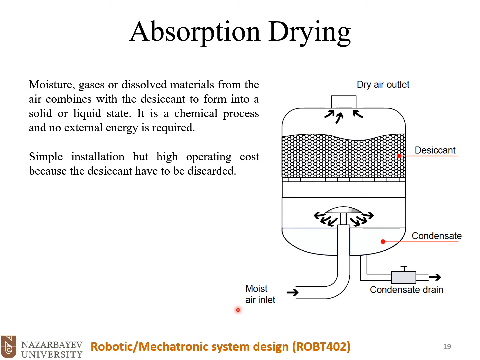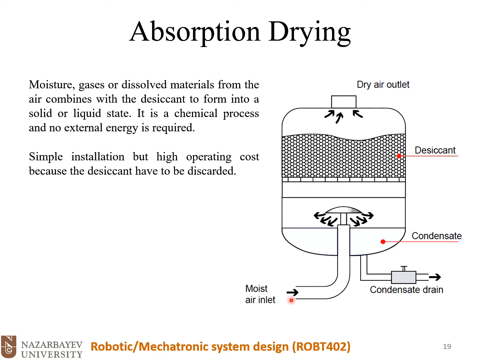And then we have input air, let's say coming from a compressor, and it is normal moist air, yes. So why do we have humidity or moisture in the air? Because the compressor is getting air from the atmosphere.